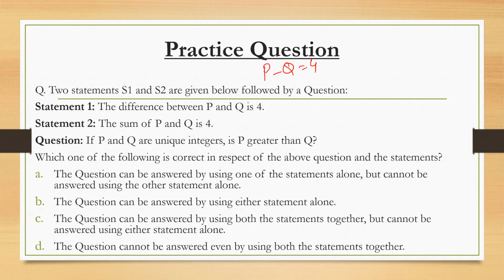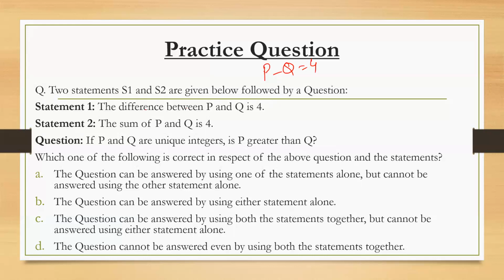Okay, so what is the difference here, Aisha? 3 minus 1 is equal to 4. Okay, fine. Exactly. Aisha has got it.